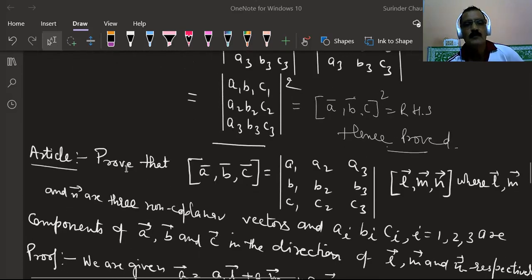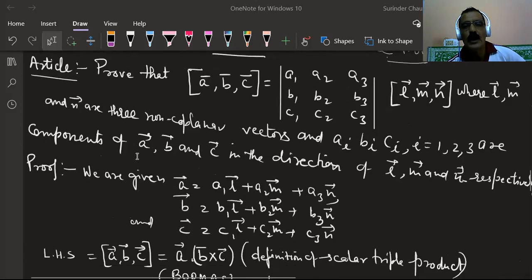Now in the next article, prove that the scalar product of ABC is equal to the determinant of their components, first row first vector, second row second vector, third row third vector, into the scalar triple product of L, M, N vectors, where L, M, N are three non-coplanar vectors, and AI, BI, CI, for I equal to 1, 2, 3, are the components of A vector, B vector, and C vector in the direction of L vector, M vector, and N vector respectively.